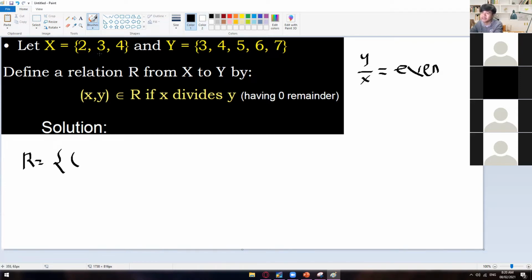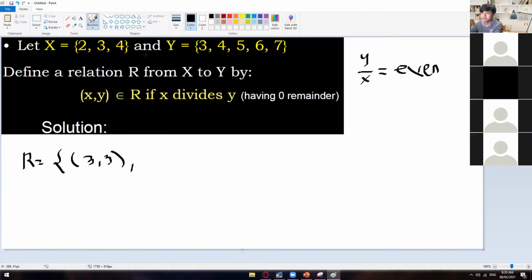How about 3 divided by 3? Possible, sir. Since we don't have a remainder and the result is 1, we can list that as our first relation. How about 3 divided by 4?